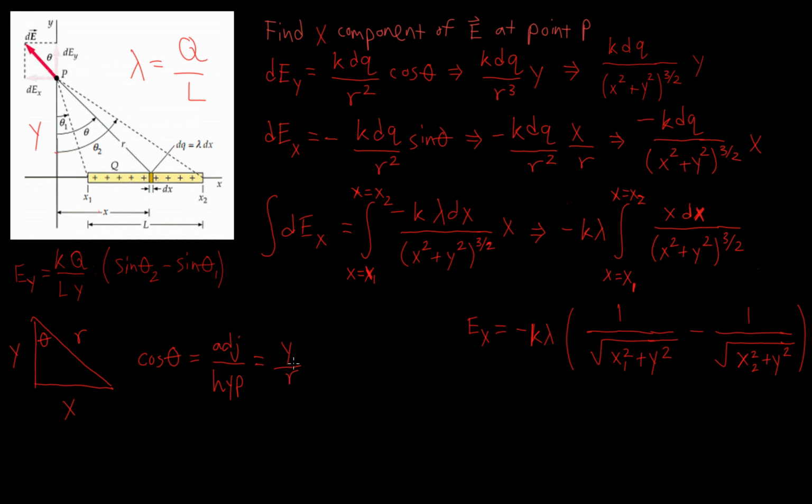And so remember that r is just equal to the square root of the sum of the squares of both sides. So if we substitute that in, we just get x squared plus y squared.